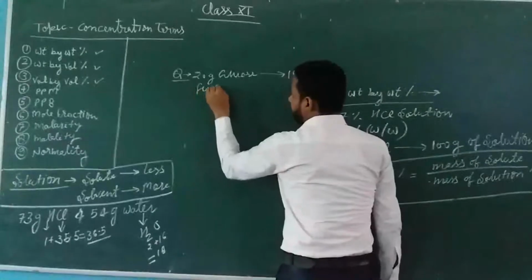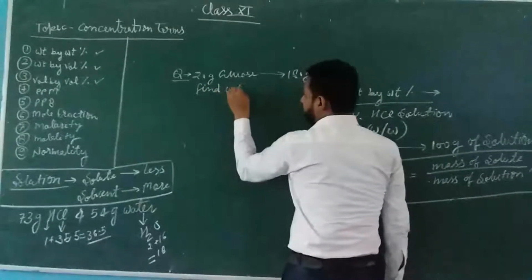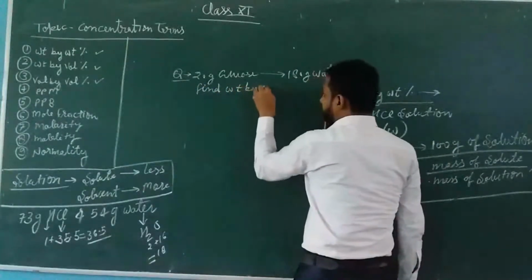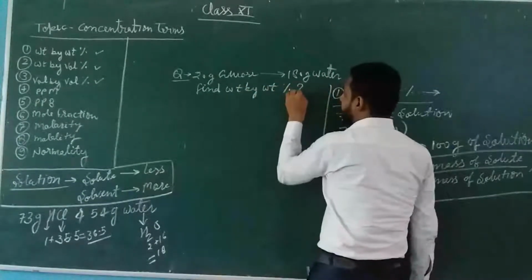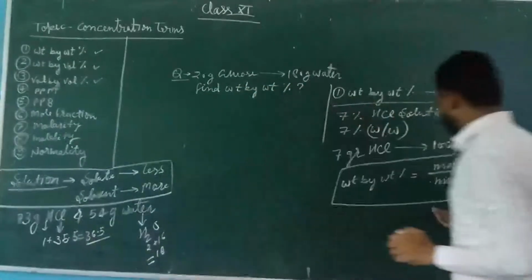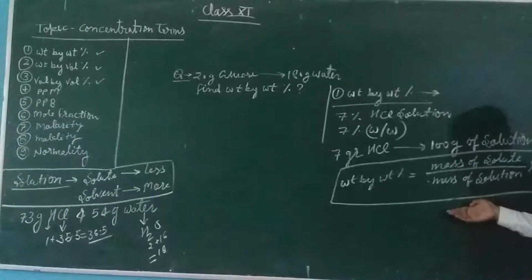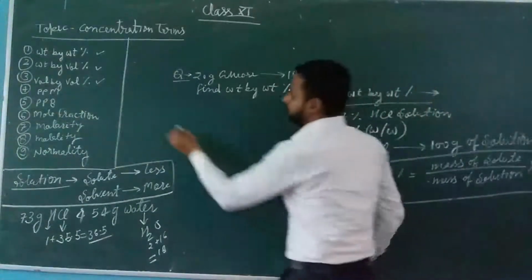Find the weight by weight percentage. So by this formula we can calculate weight by weight percent, and it is very simple.